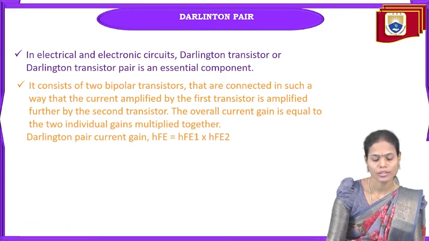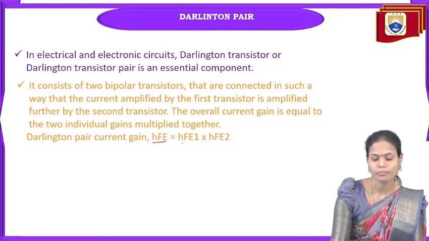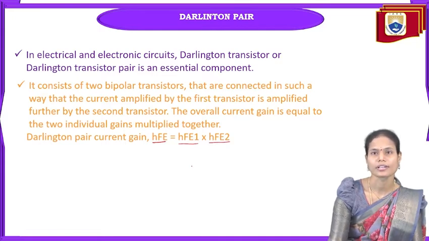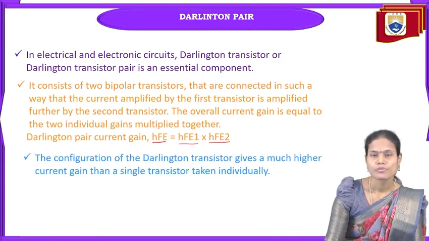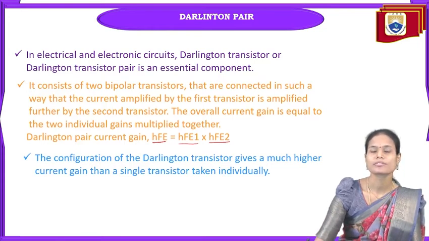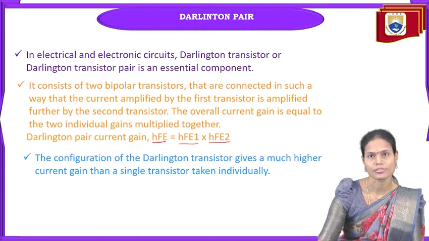So we will get the overall gain of Darlington pair, that is hFE, is equal to the forward current gain of first transistor into the forward current gain of second transistor. So finally we can say this Darlington transistor gives much higher current gain compared to the single bipolar junction transistor.